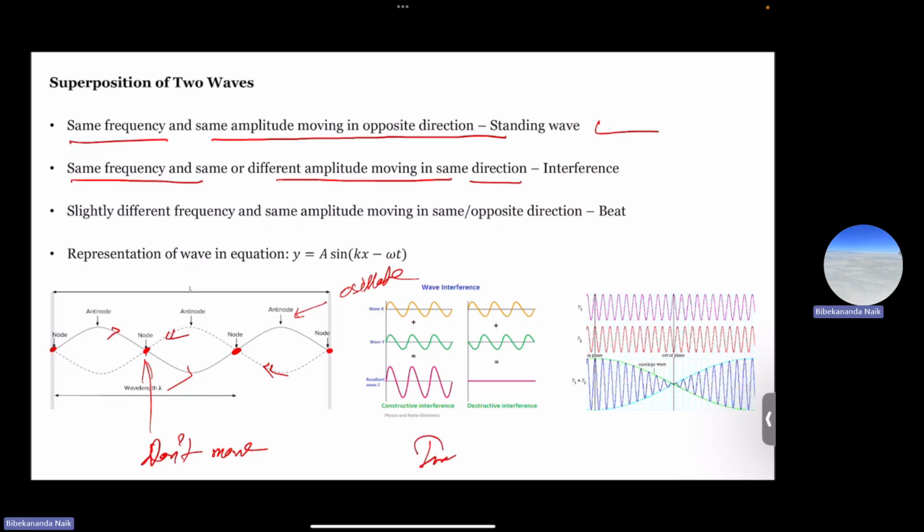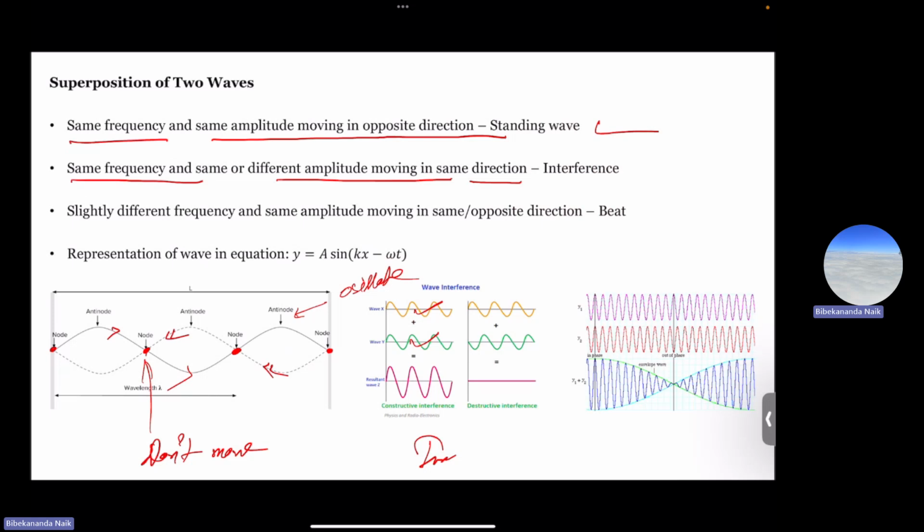So you see here two waves are given. This is one wave in orange, another wave in green. If they interfere constructively, then their amplitude increases, and if they interfere destructively, their amplitude decreases. So it depends upon the initial phase difference.